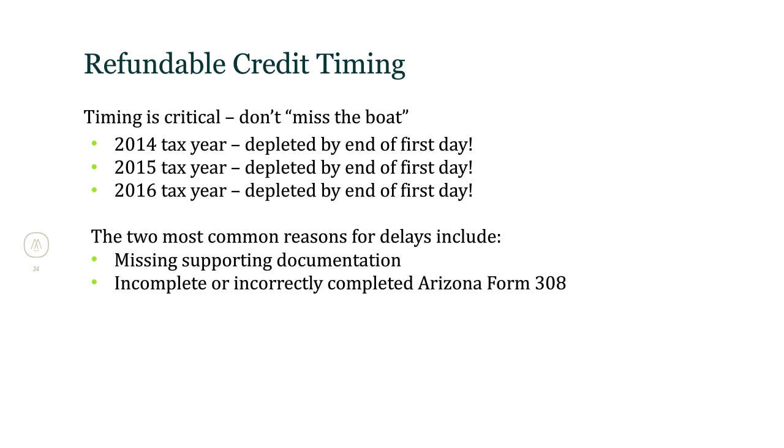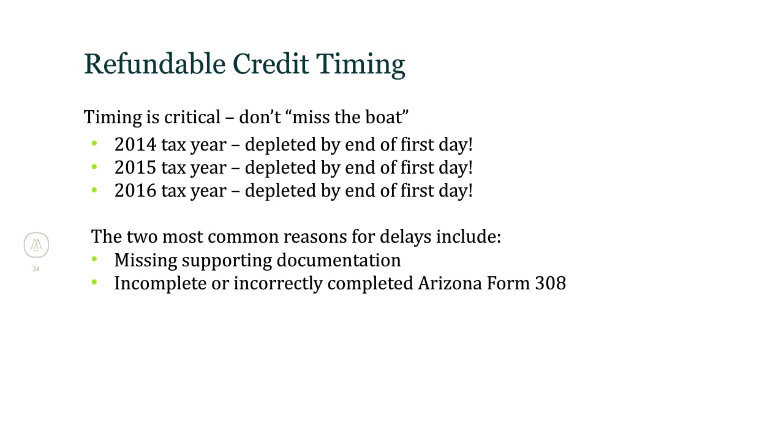And again, this is something that we definitely don't recommend companies doing internally if they haven't done it before. And even then, we recommend that if you are going to do this, find a CPA that has experience doing just this, and it's not their first time filing this process, because it's just way too competitive. And so the two most common reasons for delays include missing supporting documentation and an incomplete or incorrect Arizona Form 308.